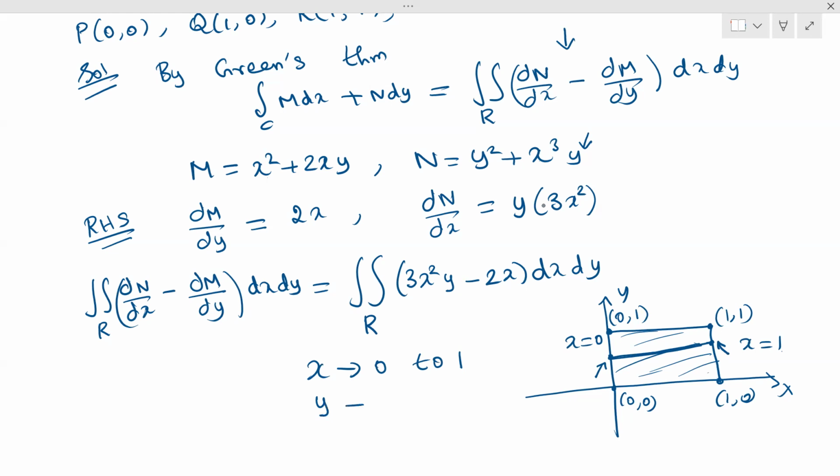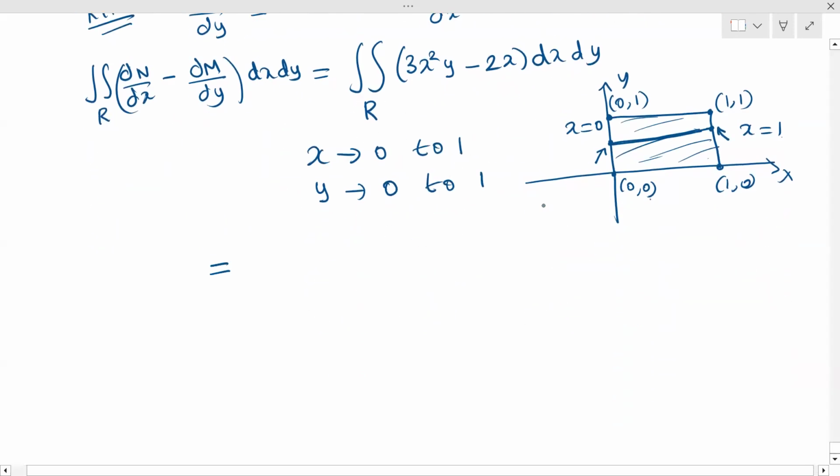And for the outer integration, y, in this region we have to write the minimum and maximum value of y. The lower value of y is 0 and the upper value is 1. So y varies from 0 to 1.